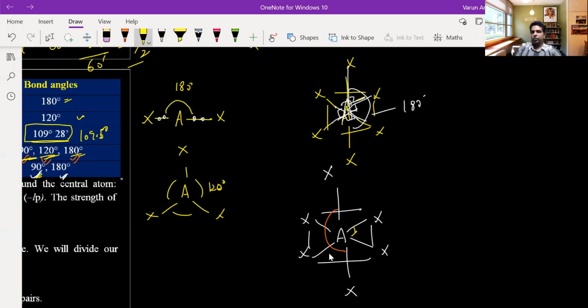These are the diagonals of a square. This is also 90, this is also 90, this is also 90, total 360. These are perpendicular. Now this is perpendicular to this, so this is also 90. This is perpendicular to this, 90, and this one also 90. So all these angles are 90. This angle is also 90. This angle is perpendicular to this, that is 90.